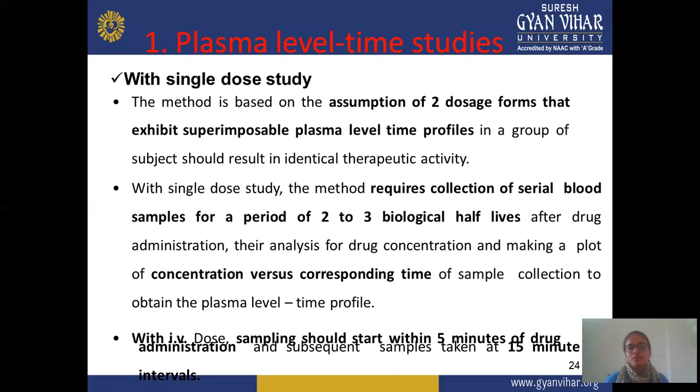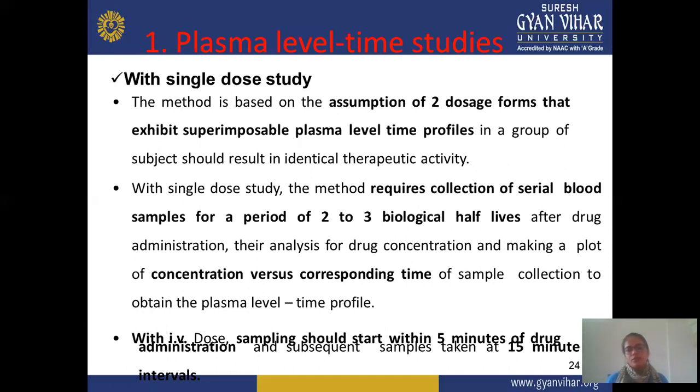In the single dose study, the series of blood sample collection is required over the biological half-life, and this may take 2 to 3 biological half-lives. After the administration, the analysis of the drug is done by making a plot of concentration versus corresponding time. After 2 to 3 biological half-lives, collect the blood samples, make a plot or graph, and check the analytical study. When you plot the graph, you plot the concentration versus the corresponding time.